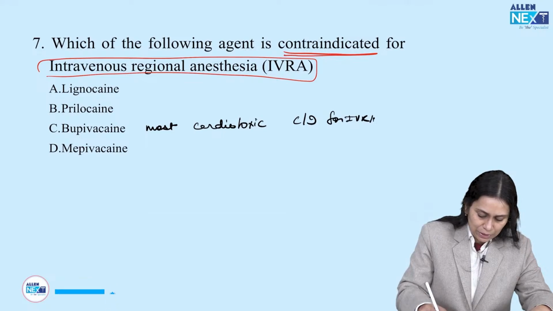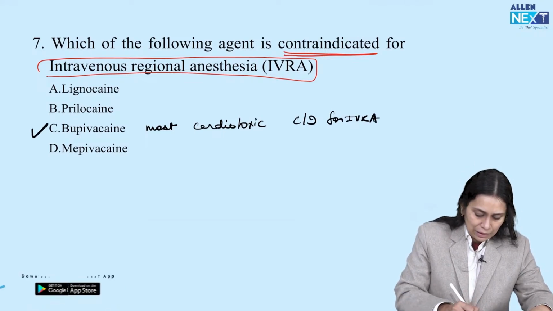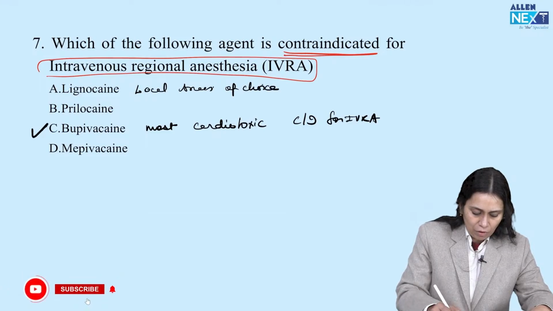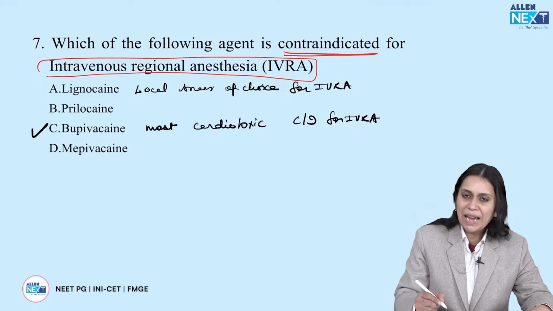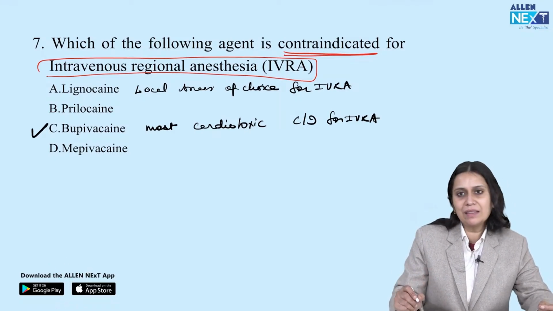So answer has to be bupivacaine. Okay, lignocaine is local anesthetic of choice for IVRA. So for IVRA, the local anesthetic of choice is lignocaine. So if they had asked of choice, answer would have been lignocaine, and contraindicated answer is bupivacaine.